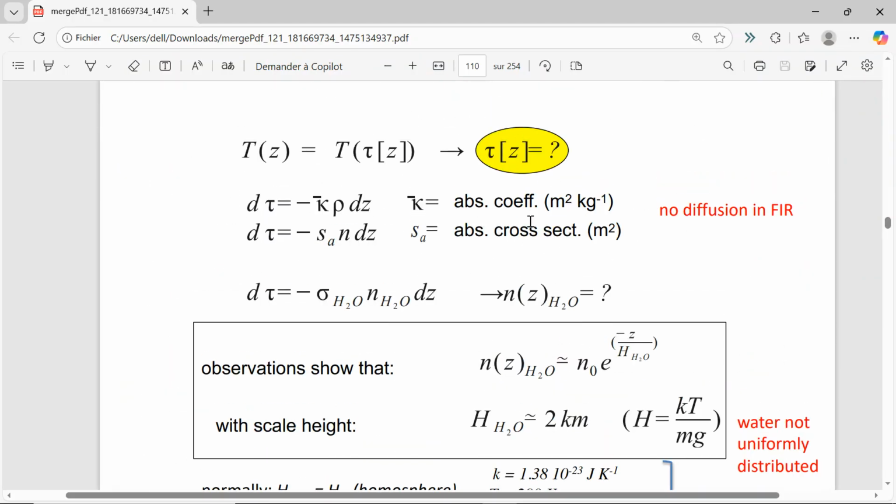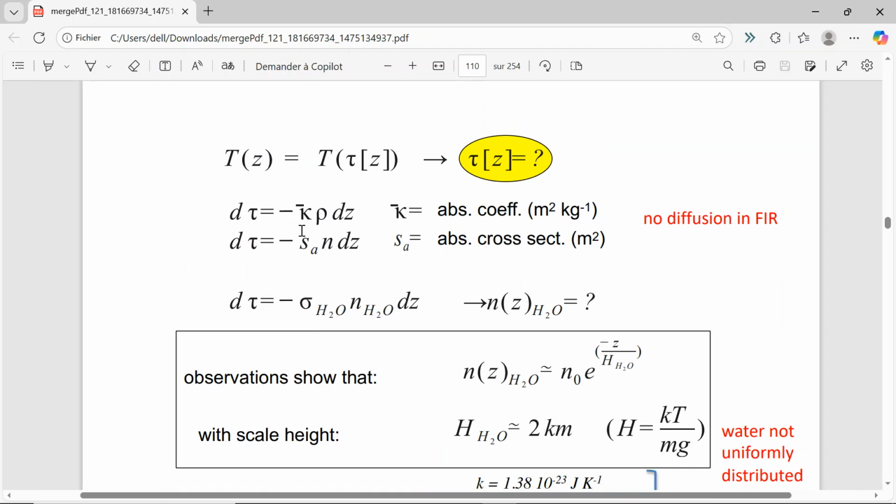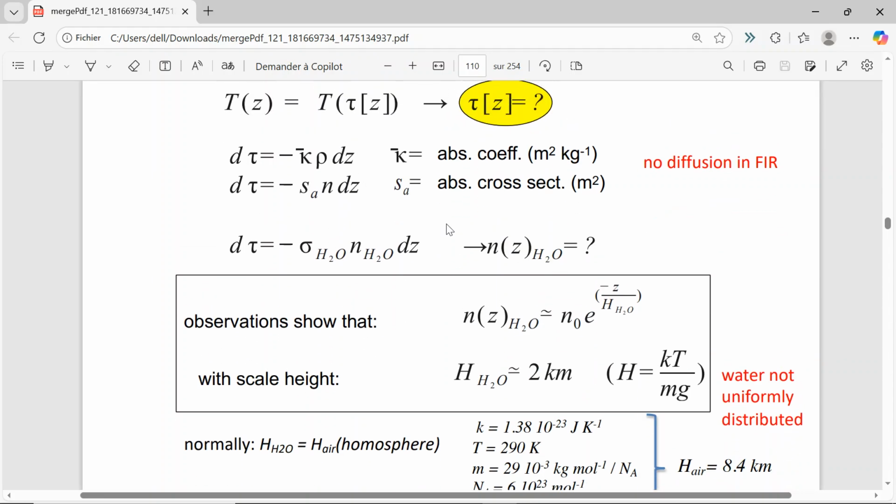So in order to approximate tau z, we go back to the Schwarzschild approximation. So this is the definition of the optical depth. We replace rho by its definition depending on the absorption cross section, and as the gas that is absorbing the most is actually the water vapor, we can replace the absorption cross section by the one of the water, and the density by the one of the water too.